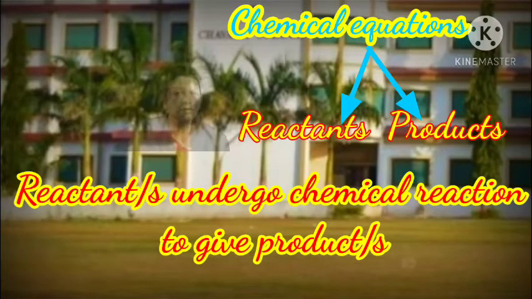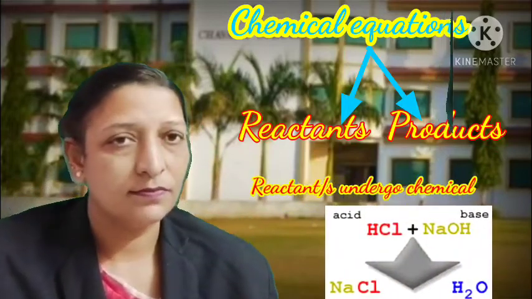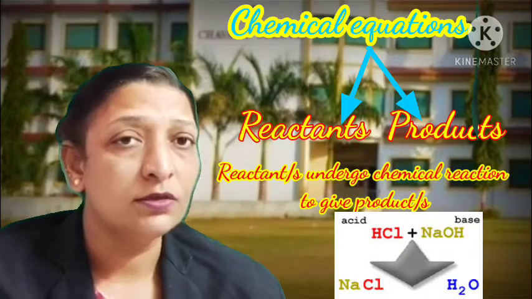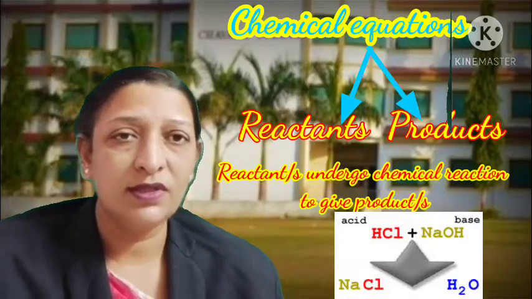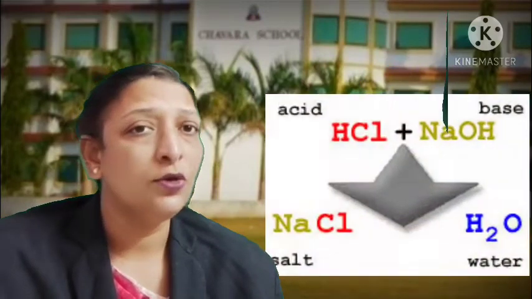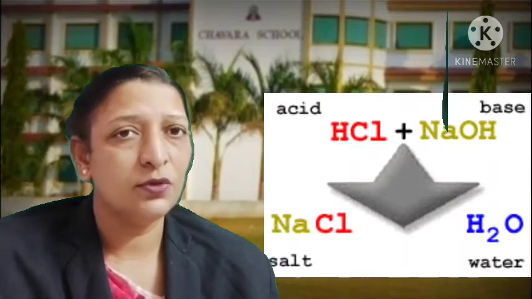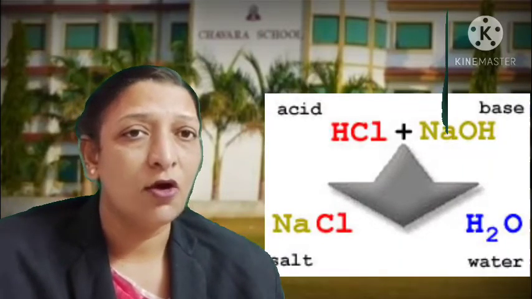For example, when sodium hydroxide combines with hydrochloric acid, the moving molecules which have kinetic energy collide with each other and the bonds between them break down and new bonds form to make a new arrangement of the atoms, and this gives new substances formed as a result of the chemical reaction.